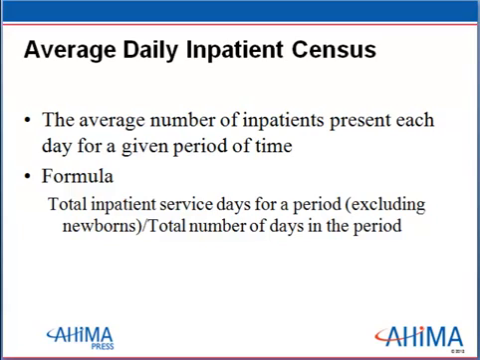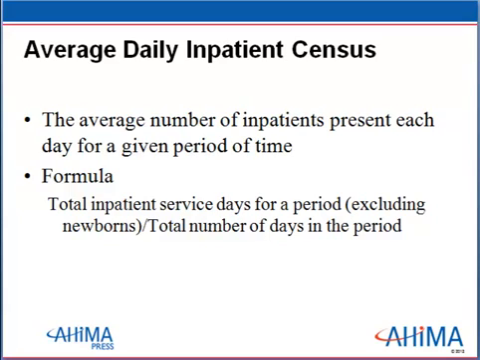The average daily inpatient census is our average number of inpatients present each day at a specific point in time. The total inpatient service days for any period, usually a month or a year, will be divided by the total number of days in the period. The formula is listed there on the slide for you.